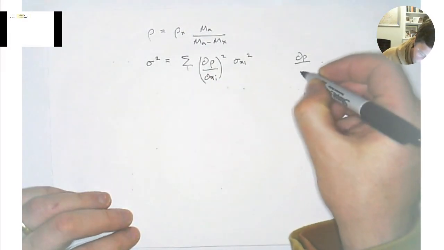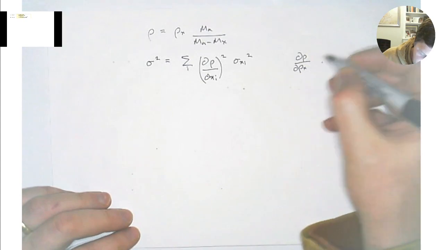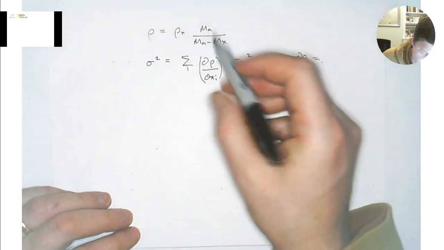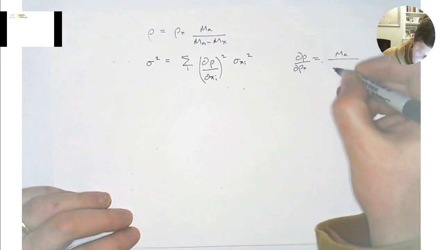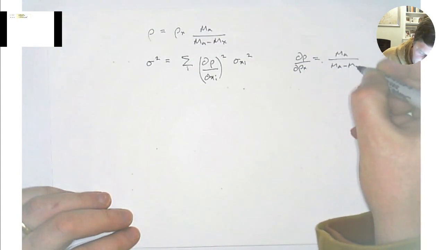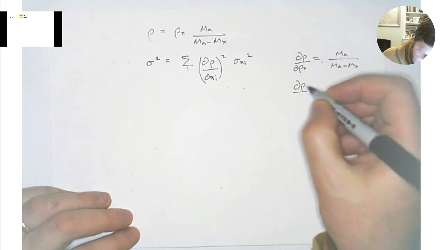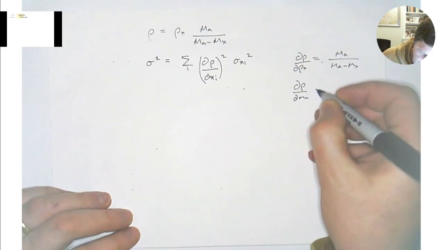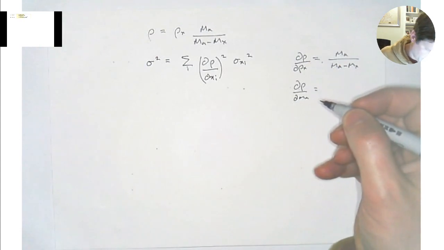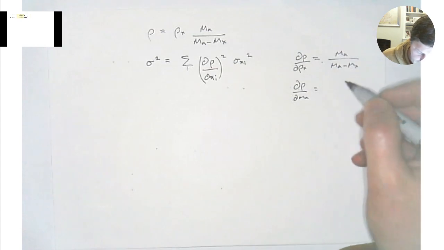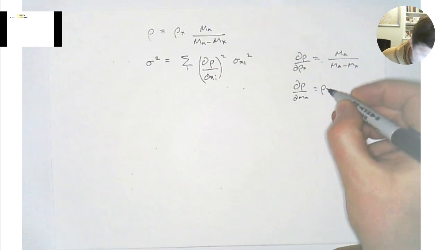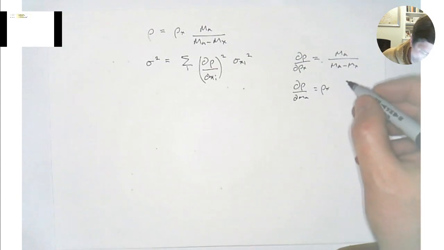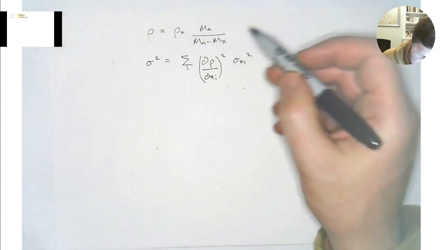So d rho by d rho x, so differentiated by that, and then we have ma divided by ma minus mx. d rho by d ma is going to be equal to rho x. How should we do that?